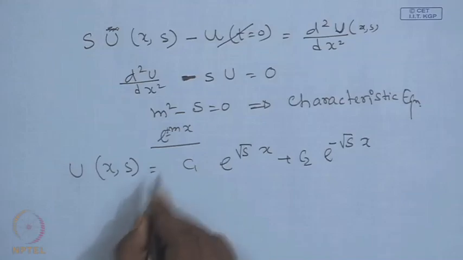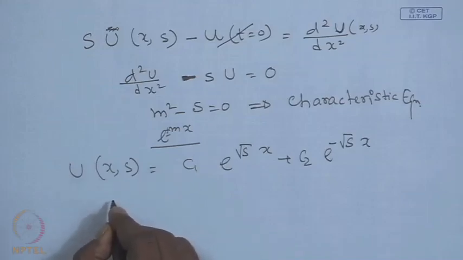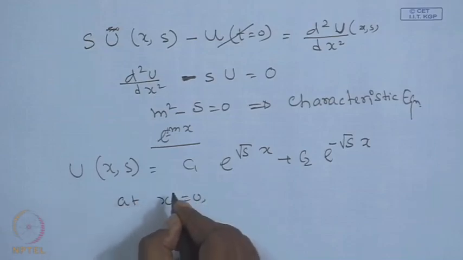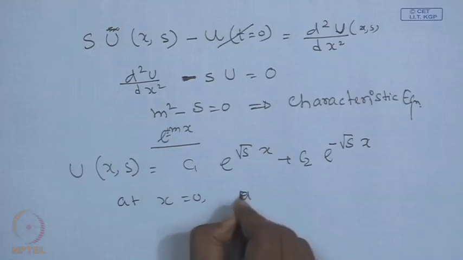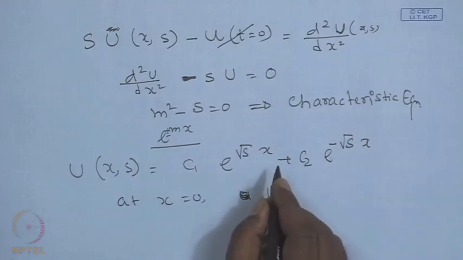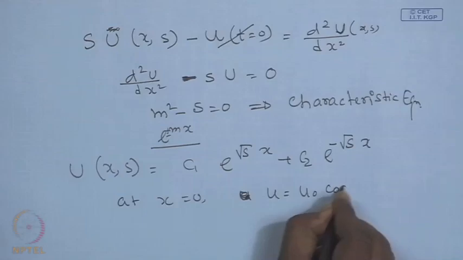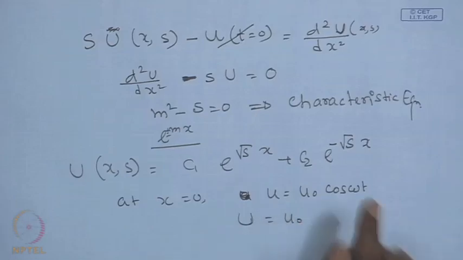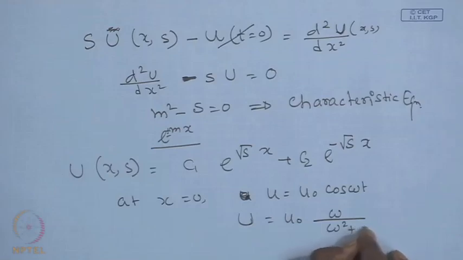Now, at x is equal to 0, we have u is equal to u naught cosine omega t. So, therefore, in the Laplace transform domain, capital U becomes u naught omega divided by omega square plus s square.